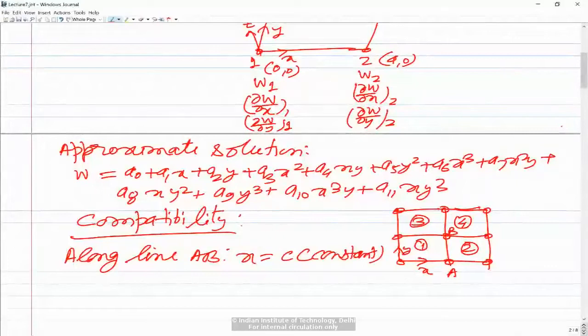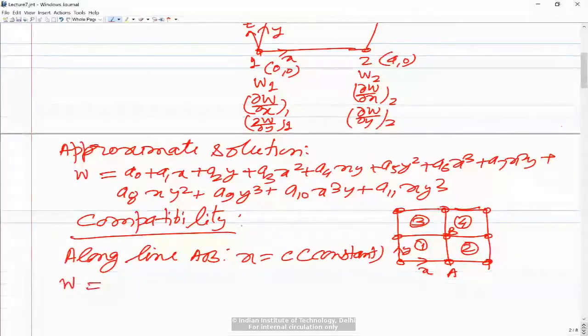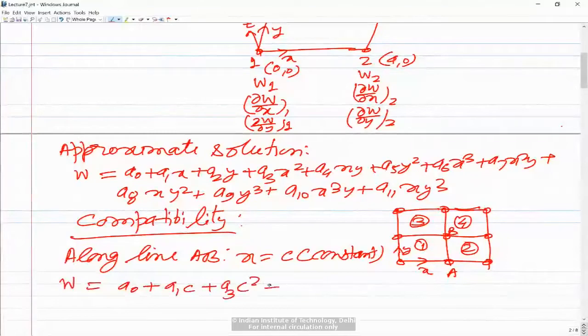Now if you put x equal to constant in the expression of the approximate solution for w, and take all the constant terms together, you will have w equal to a0 plus a1 into c plus a3 into c square plus a6 into c cube.